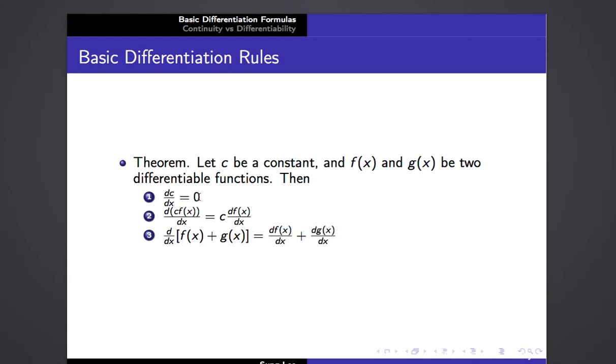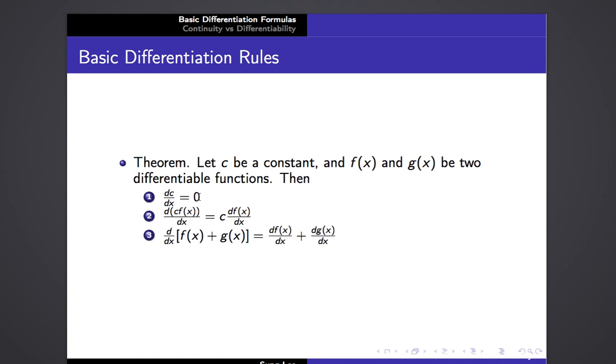That can be easily understood, because the constant function, if you look at its geometric definition, is a horizontal line, so its slope is 0.